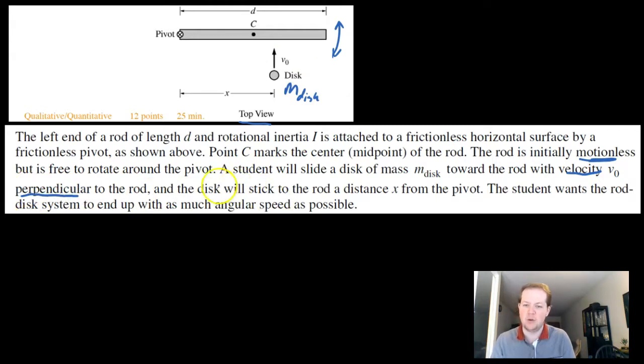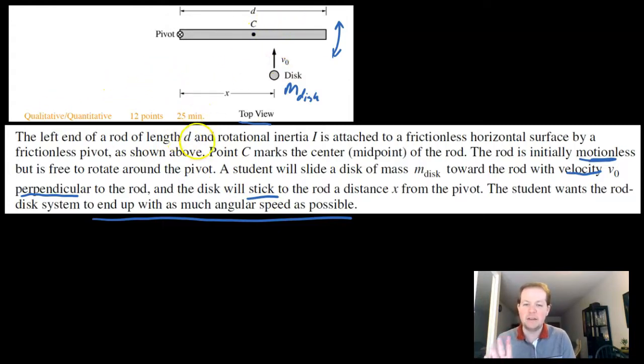Okay, perpendicular, no weird angles. And the disc will stick to the rod a distance x from the pivot. The student wants the rod disc system to end up with as much angular speed as possible. Okay, so they want the disc to stick. It is going to stick. We want the most speed as possible.